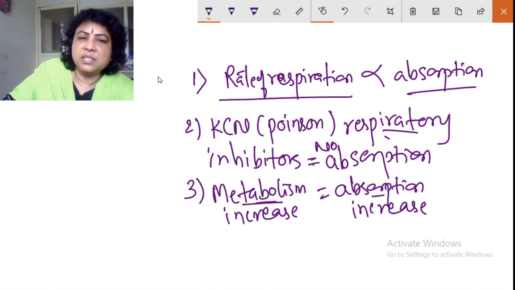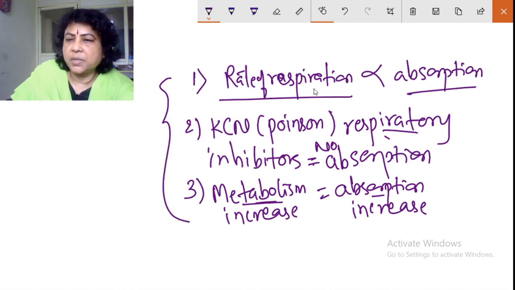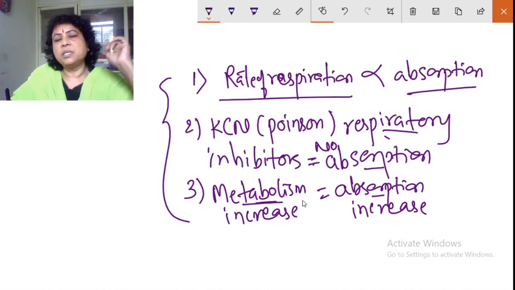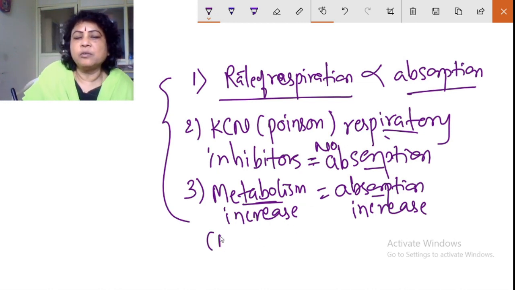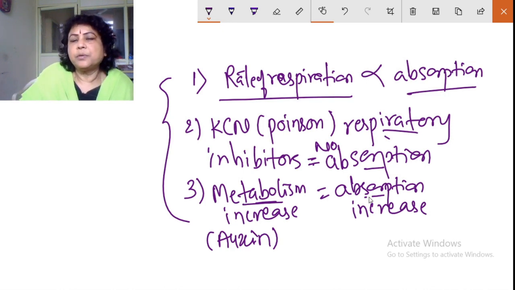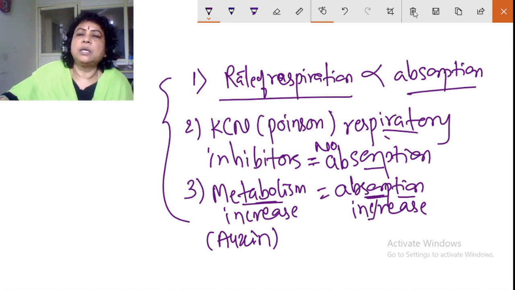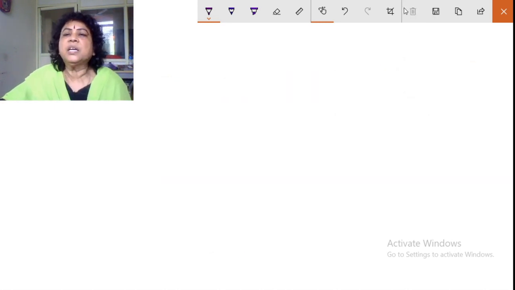That means these three evidences: the rate of respiration is directly proportional to the rate of absorption; a poison like potassium cyanide acts as a respiratory inhibitor, so ultimately there is no absorption; and metabolism increases by application of the hormone oxime, so the rate of absorption increases. Similarly, increased respiration increases the rate of metabolism and ultimately the rate of absorption. So this is the non-osmotic theory.